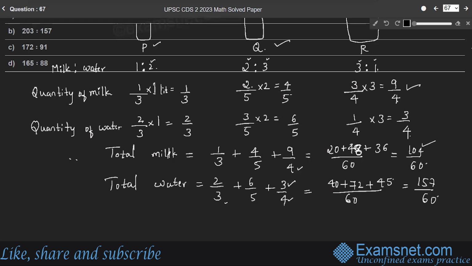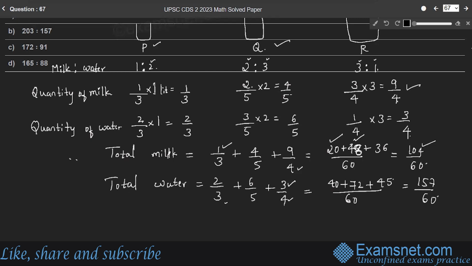So let us check the total quantity of milk here: 1 by 3 plus 4 by 5 plus 9 by 4. 3 into 20 is 60, so the numerator is 20. 5 into 12, so 48.